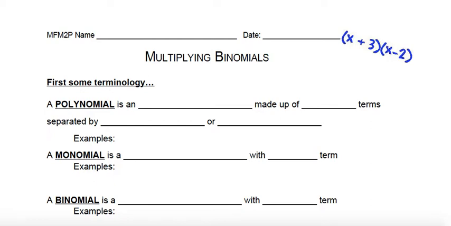Multiplying binomials. So first, some terminology. We're going to review some definitions. A polynomial is an algebraic expression that is made up of one or more terms, and the terms are separated by either addition or subtraction signs.